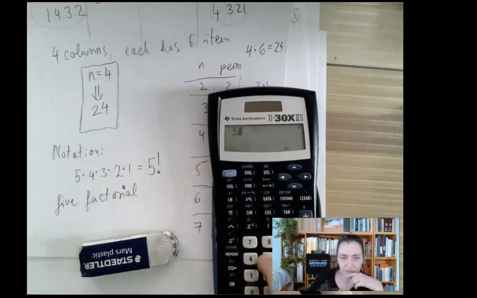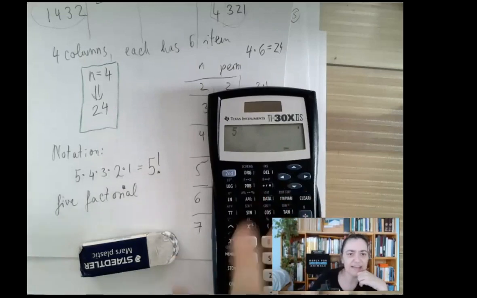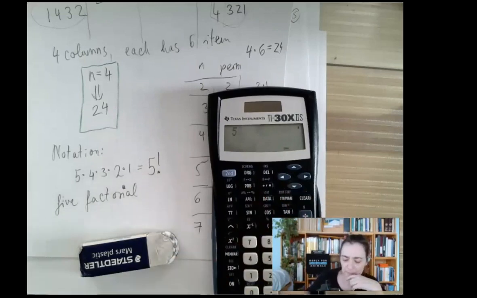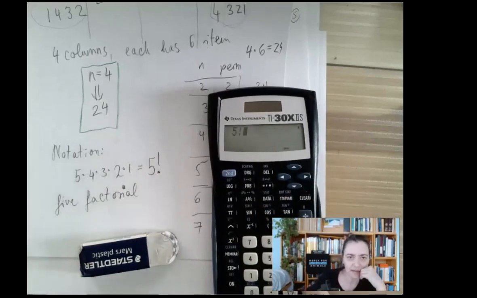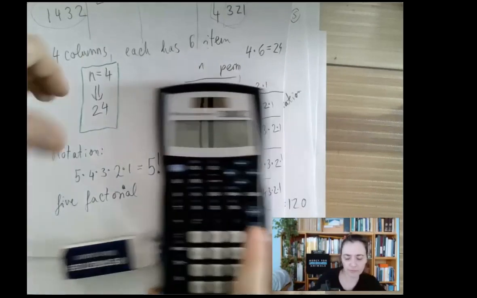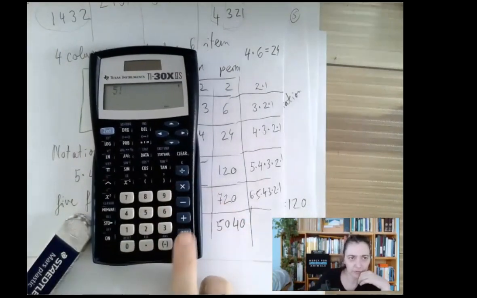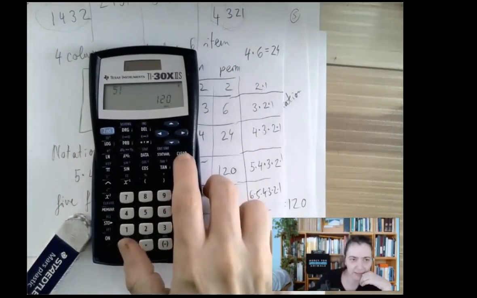So we're going to say 5 first, and then we're going to go for factorial. You see that PRB there? That's short for probability. If you click on that, there are 3 big things, and you have to toggle under the last one and push enter to confirm, and there it is.